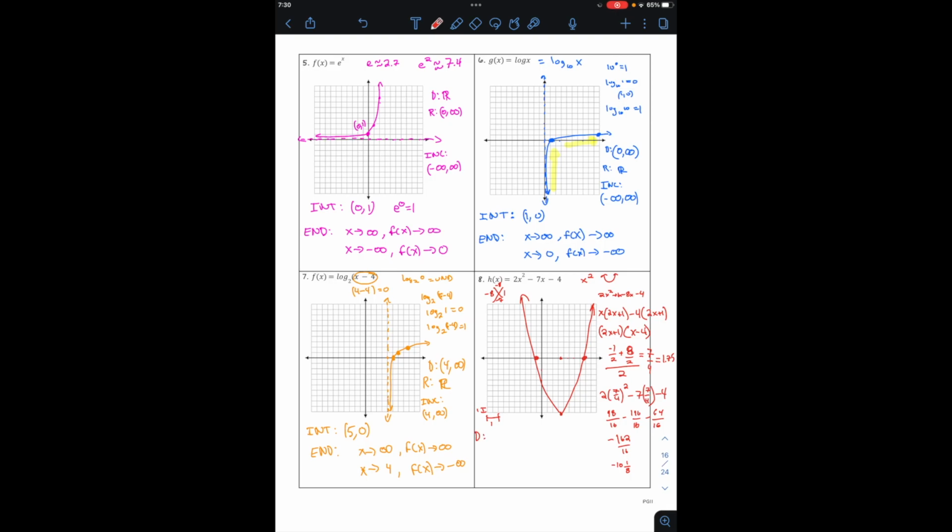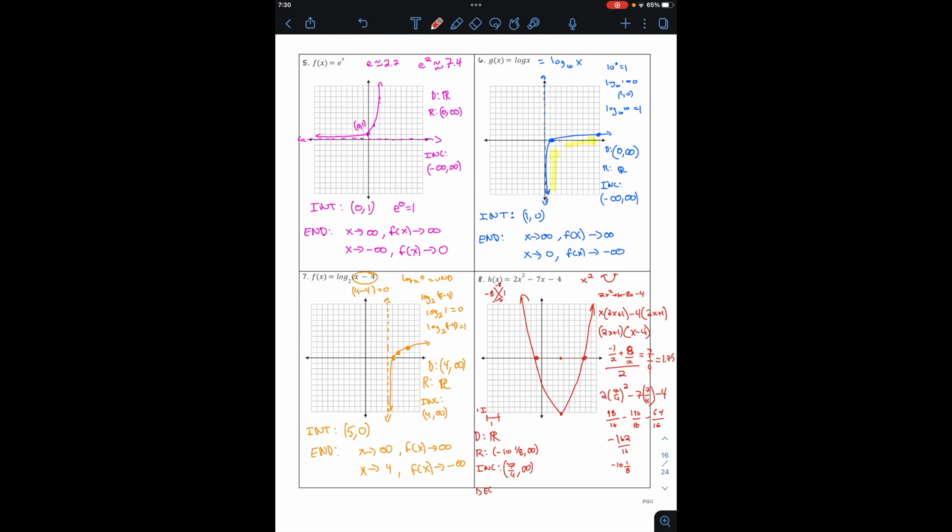Great. Okay, so the domain is all real numbers. Range is going to be from that vertex, negative 10 and an eighth to infinity. What else are we supposed to have here? We are increasing from the x-coordinate of the vertex. So we're increasing from 7/4 to infinity.